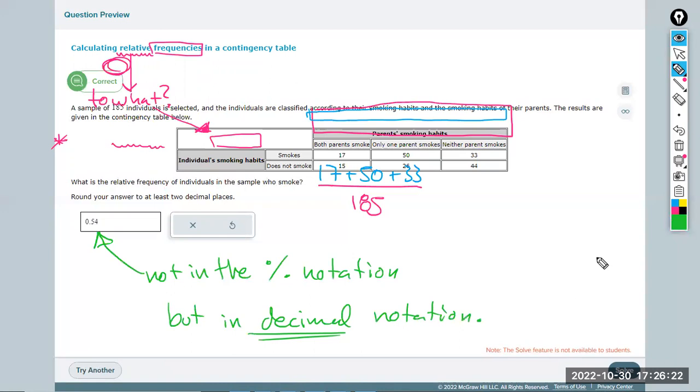It is exactly the same thing, but we're not using the percentage notation. If we would have used the percentage notation, it would have been 54%. But in decimal notation it is 0.54, a number smaller than 1.